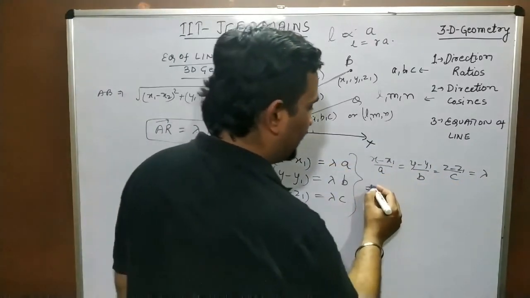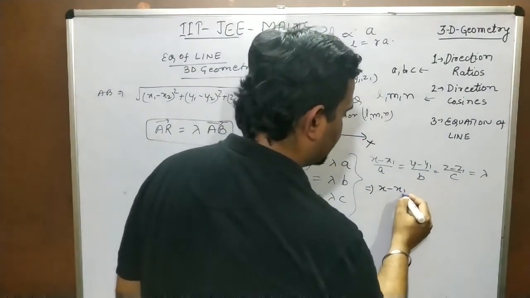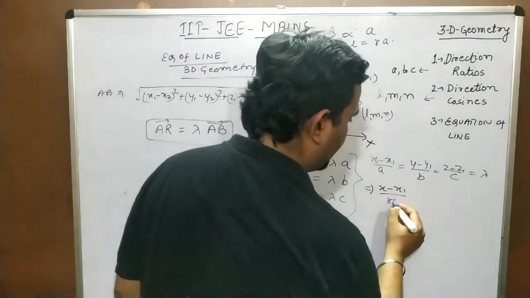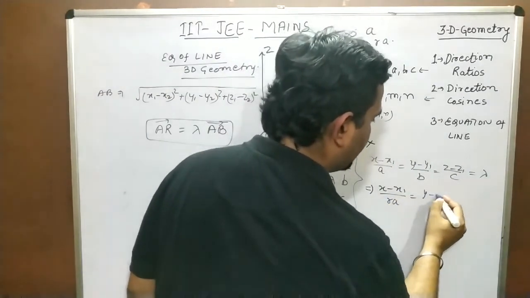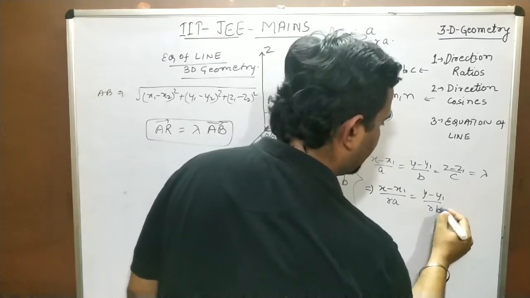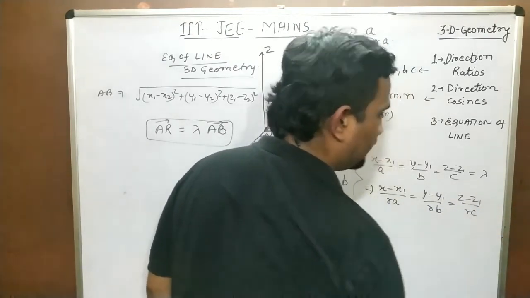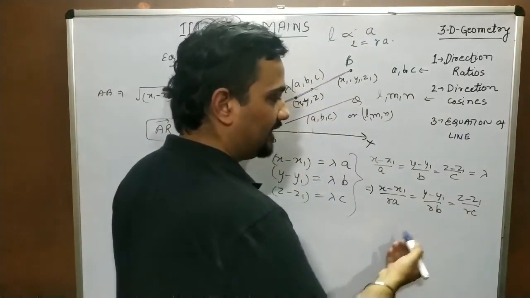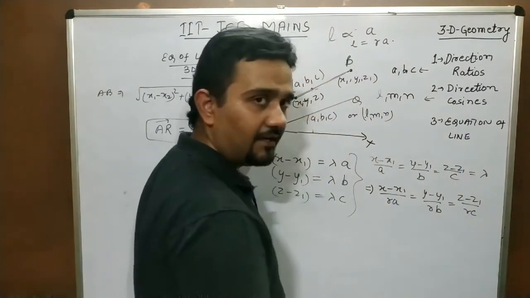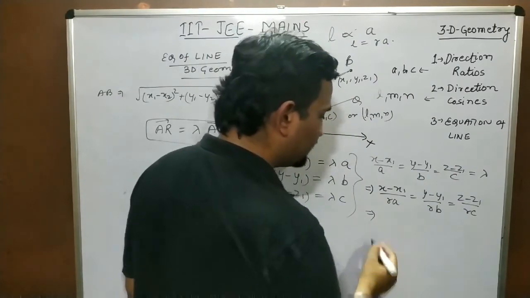So if we take it as x minus x1 upon RA is equal to y minus y1 upon RB is equal to z minus z1 upon RC, this is the same thing. We had multiplied R with all the terms.